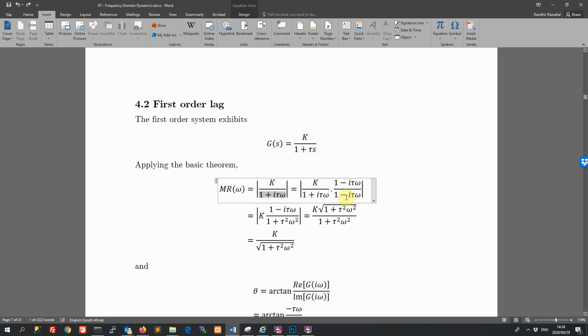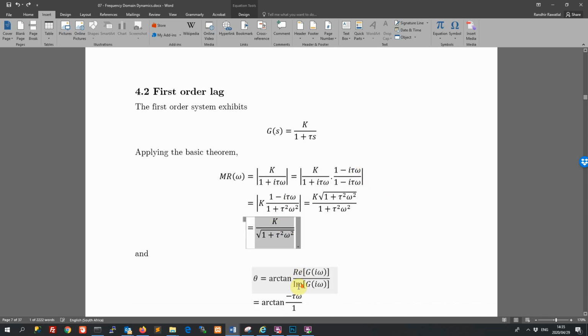And so obviously down here, your i squared and that minus 1 will become a plus, and we get 1 plus tau squared omega squared. And then out here we have this factor that we have to multiply by k. So that's the magnitude, and so the magnitude ratio then looks like this.